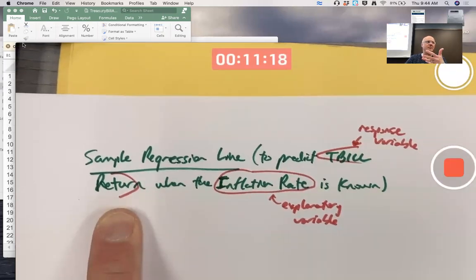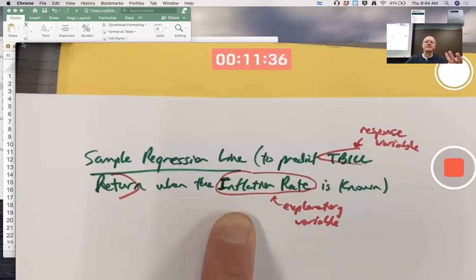T-bills being effectively a bond set the interest rate that they are trying to sell it at ahead of time. They're trying to sell it to investors at a certain interest rate. So it's a natural thing for that to respond to the inflation rate.